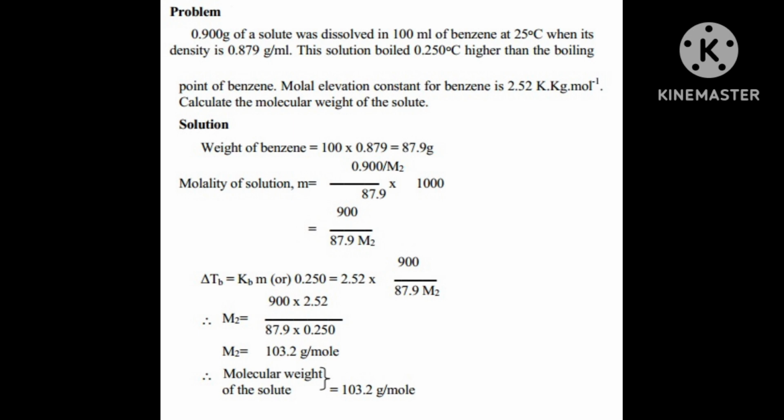Vapor pressure is now decreasing, but you have to bring it equal to atmospheric pressure. Then you have to heat more, so more solvent molecules go to the vapor phase, and then vapor pressure will be equal to the atmospheric pressure.